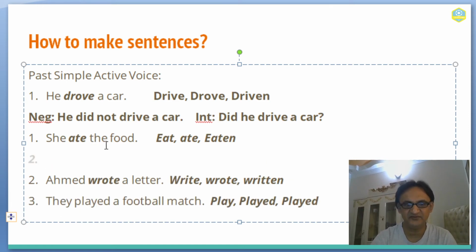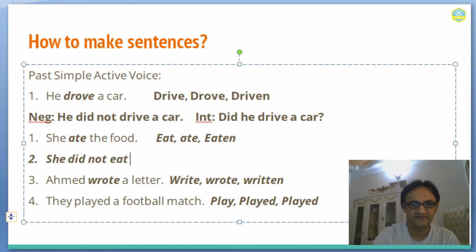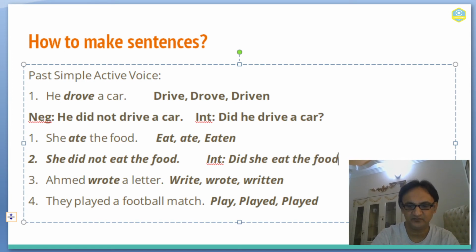She ate the food. She did not. Now this ate will be changed to eat, the first form. Eat the food, right? Let's make the question: did she eat the food? Right? Clear?